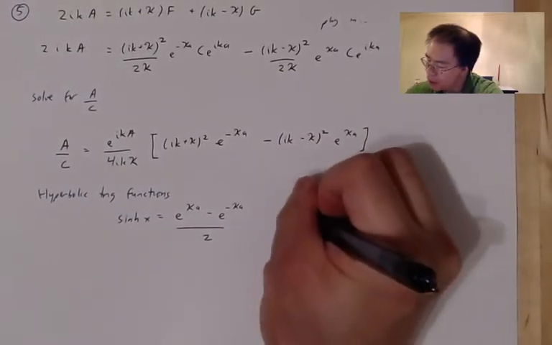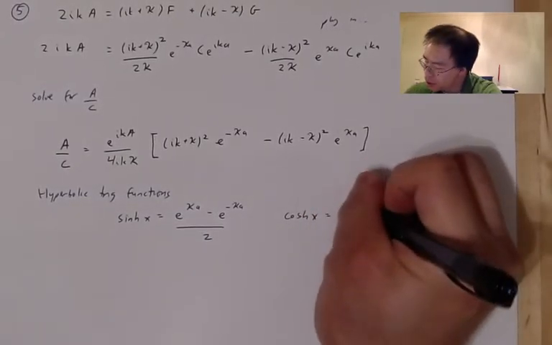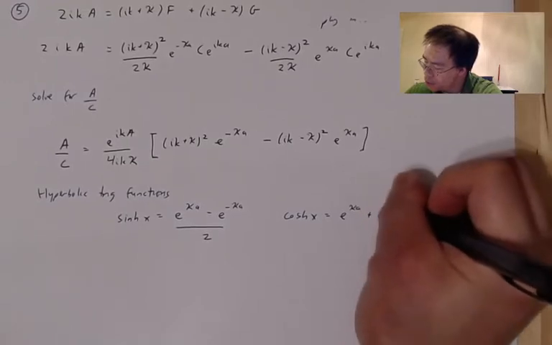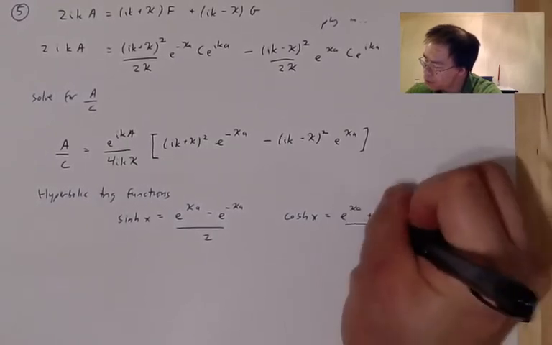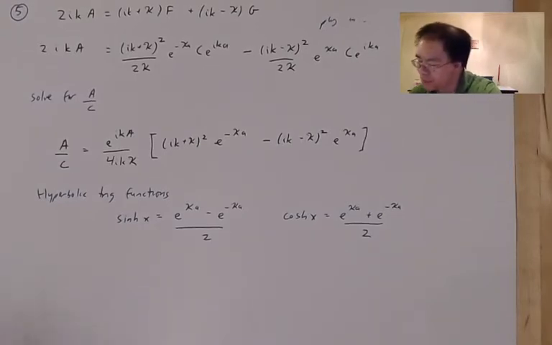And the hyperbolic cosine, or cosh x, goes like e to the kappa a plus e to the minus kappa a, over 2. Notice how similar these are to the expressions for sine x and cosine x in terms of e to the i theta and e to the minus i theta. So just to note that.